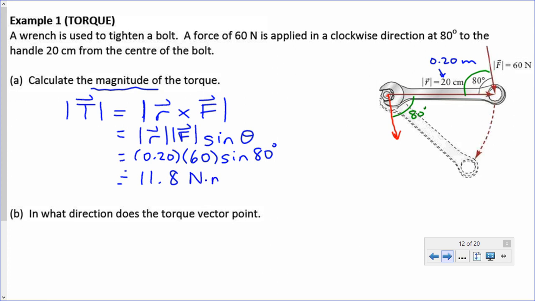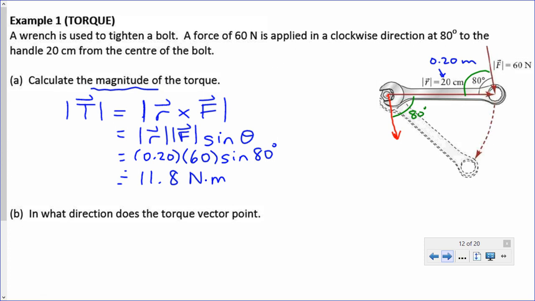Just so you guys know, I don't really know why this textbook decides that it works in Newton meters, because technically this could also be in joules. A Newton meter is a joule, okay? So I don't know why they decide to leave it in Newton meters. I'll take either.